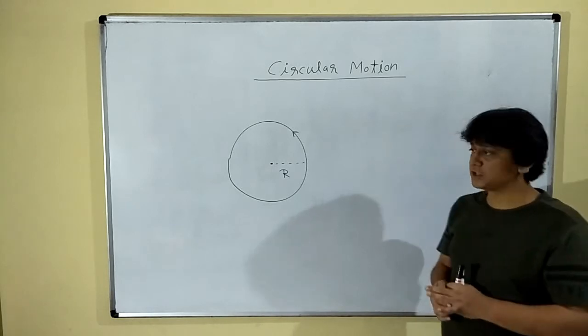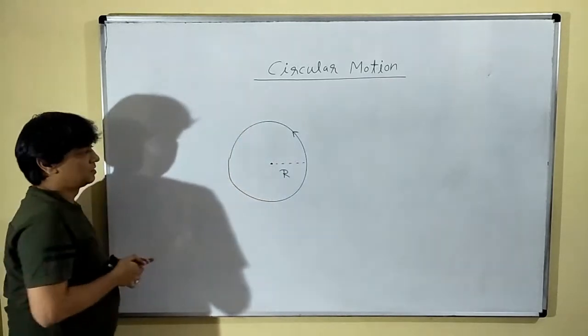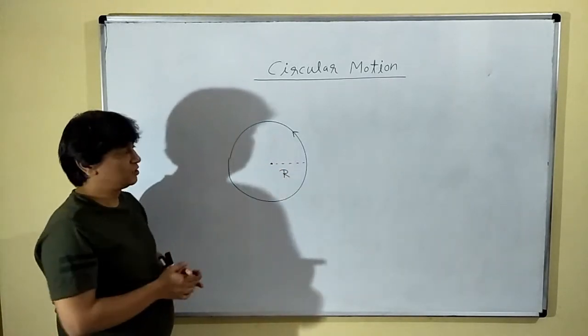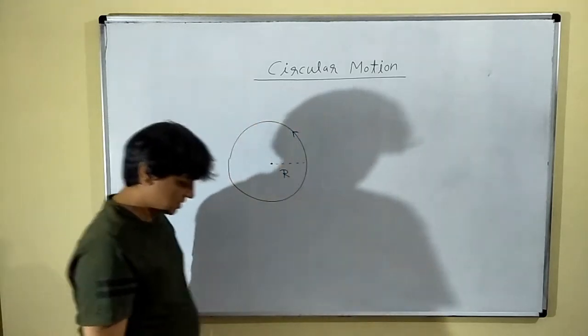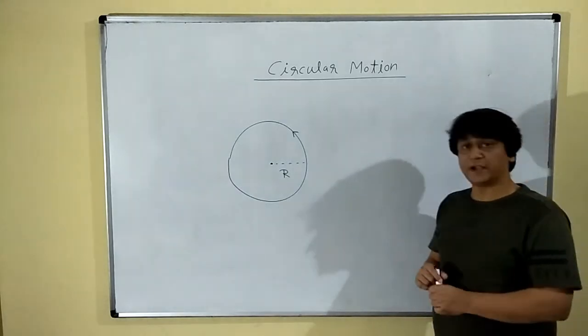This fixed point is called the center of the circle, and the distance from the center is called its radius.